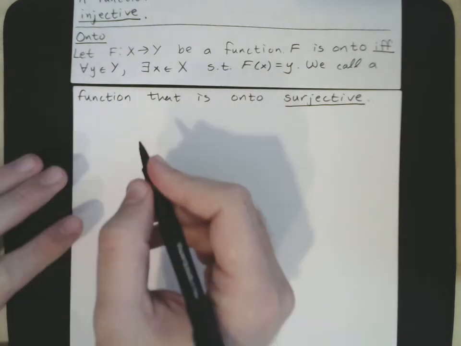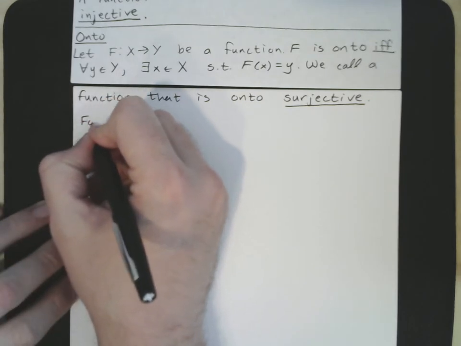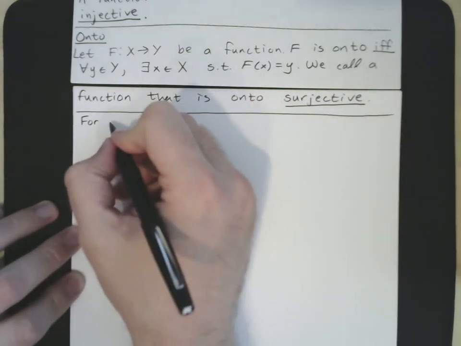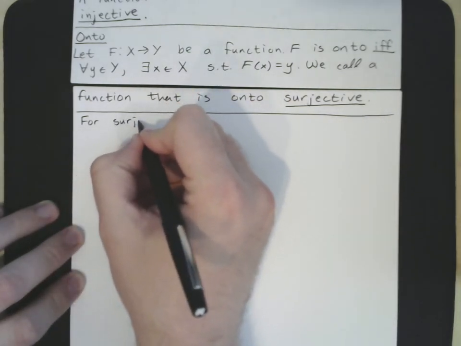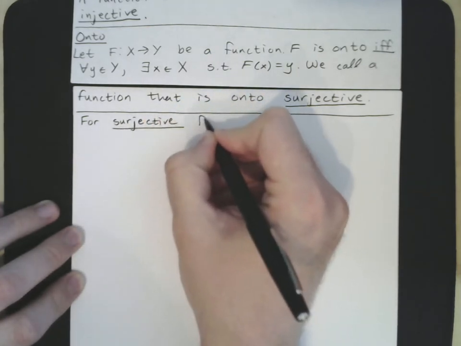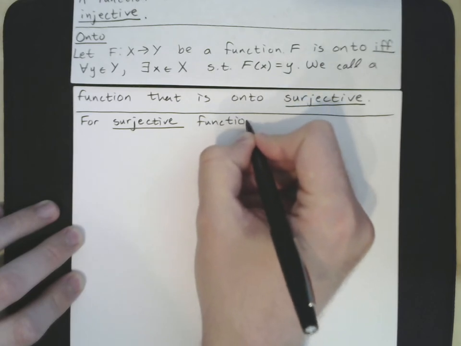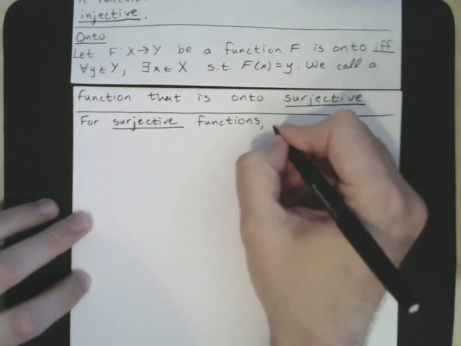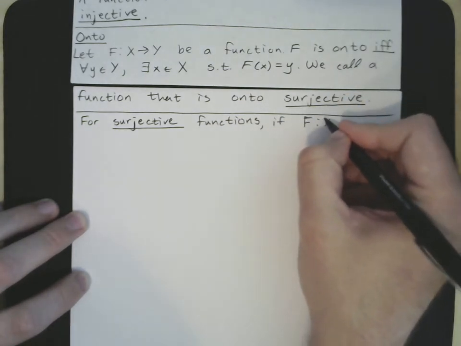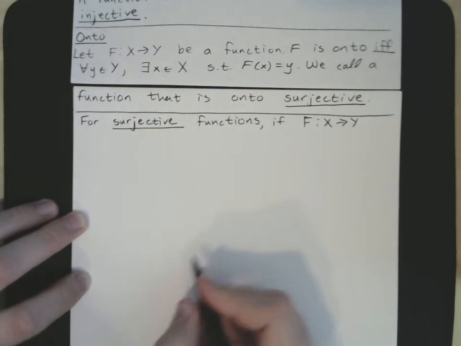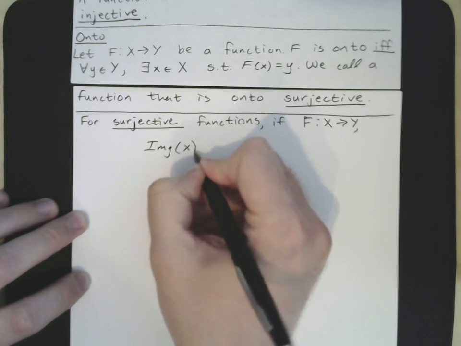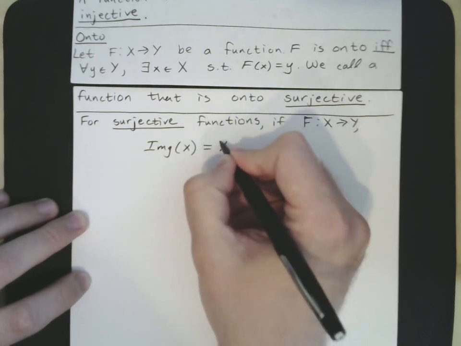Now, surjective functions. So this is not part of the definition, so we'll split it. For surjective functions, we're going to use f that maps x to y. Again, the image of x equals y.